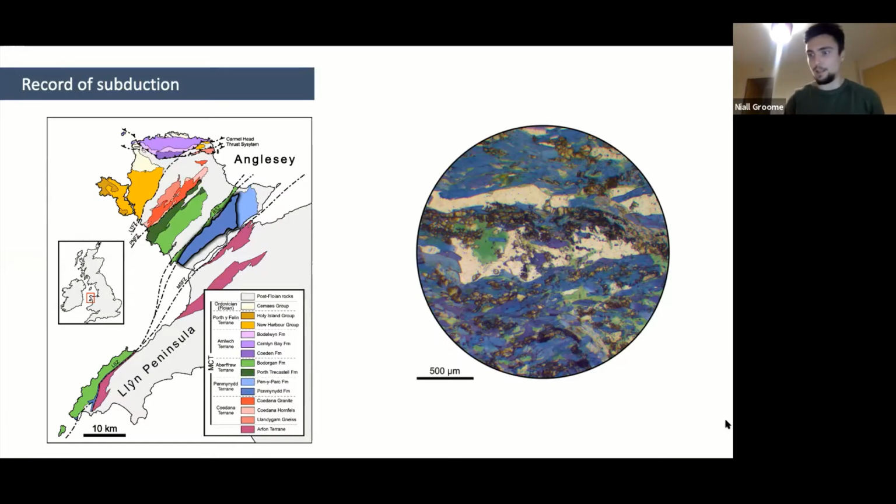Basically, they're very sensitive to environmental changes, and in this case, those environmental changes would be pressure and temperature.